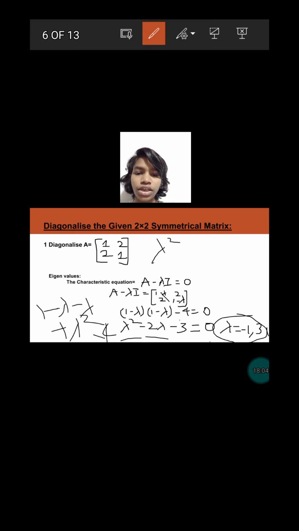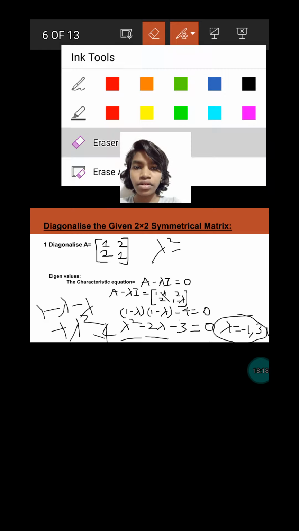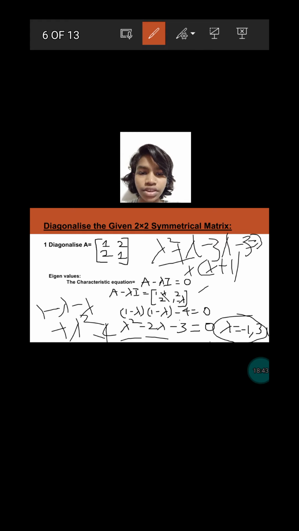How do we find the roots? Lambda square minus 2 lambda minus 3 can also be written as lambda square plus lambda minus 3 lambda minus 3, which equals 0. From the first two terms take lambda as common, giving lambda plus 1, and from the last two take minus 3 as common, giving lambda plus 1.